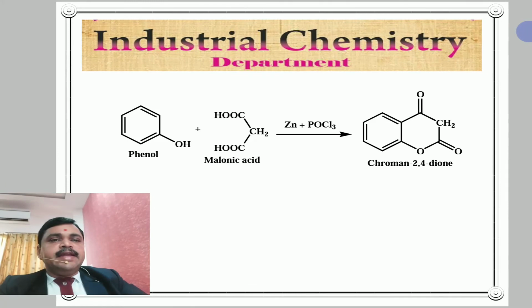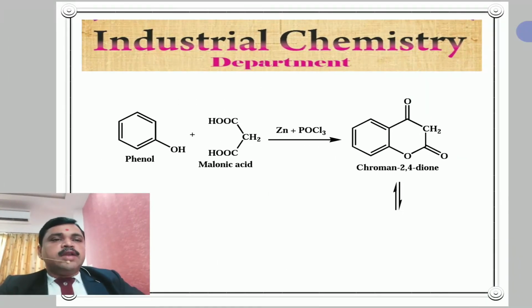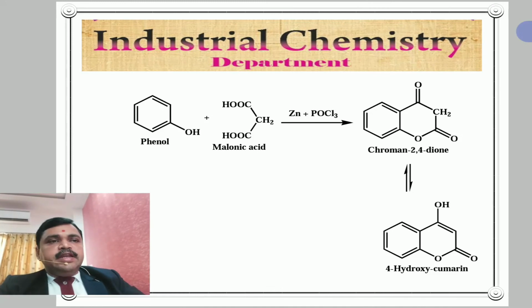Phenol and malonic acid are treated in the presence of zinc and phosphorus oxychloride, POCl3, so it is converted into coumarone-2,4-dione. After this reaction, we get coumarone-2,4-dione.